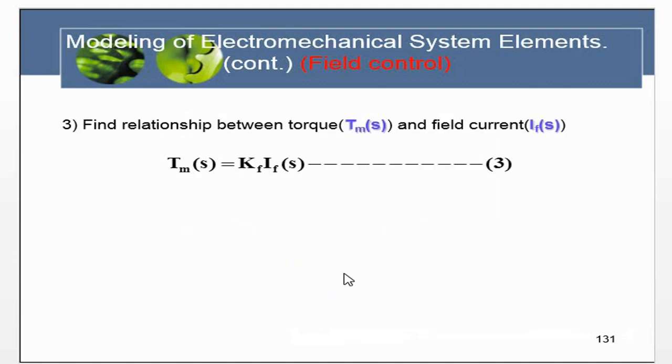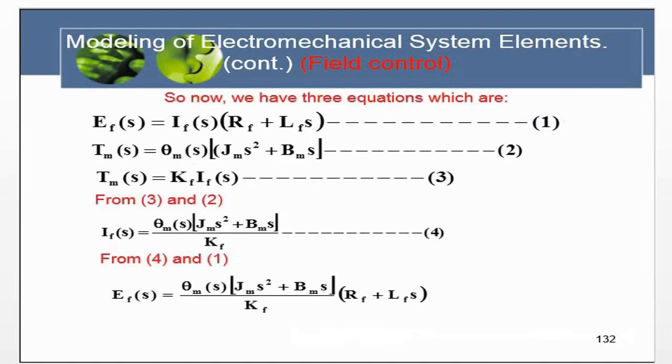Okay, the relationship between T_M and I_F, where T_M torque, in this case, is the effect of the field current, and T_M is proportional to I_F. In order to make it equal in mathematics, we multiply with a constant K_F, the torque constant of the effect of field current.